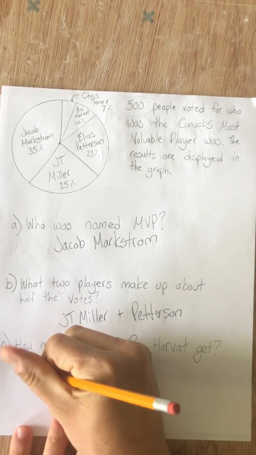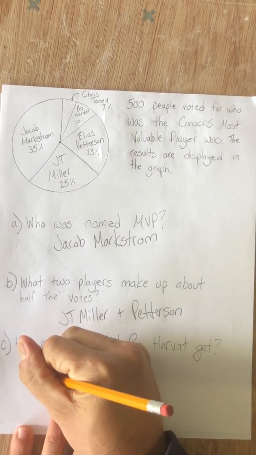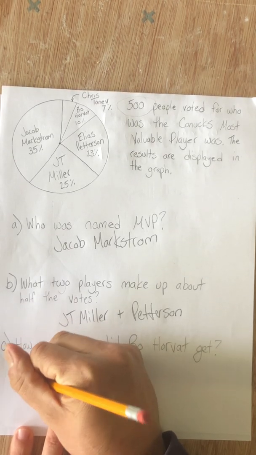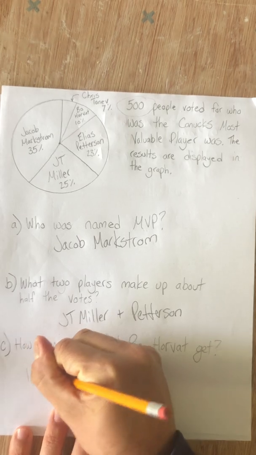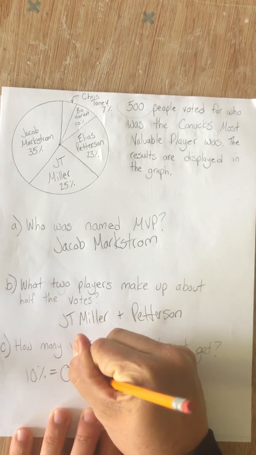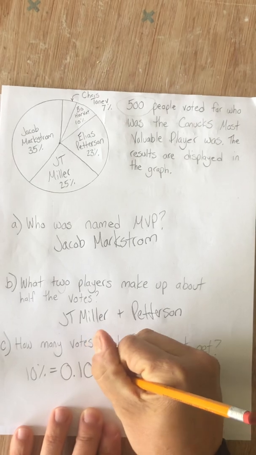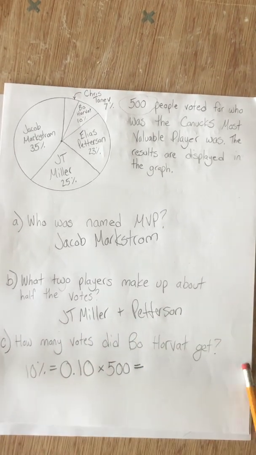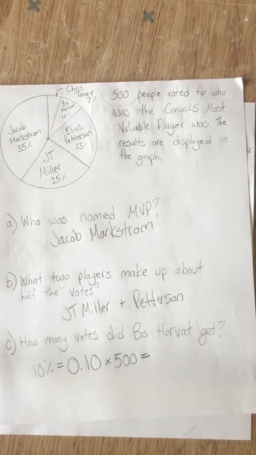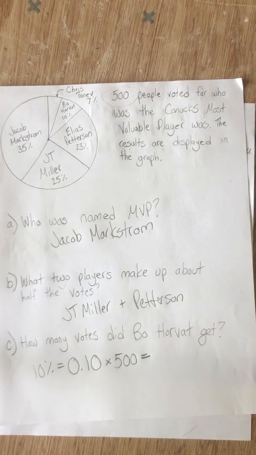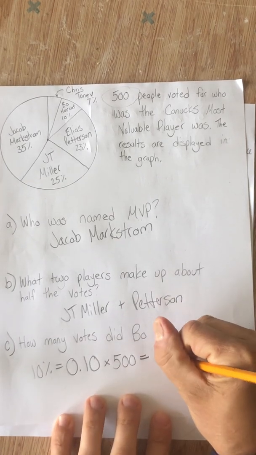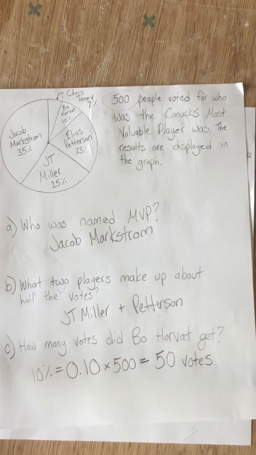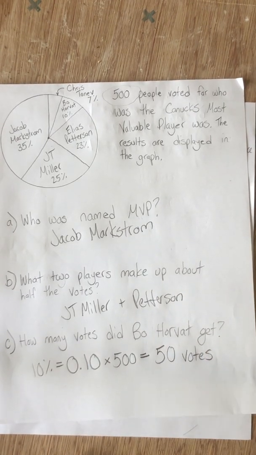To do that, I write 10% as a decimal, which is 0.10, and multiply that by 500. 500 times 0.10 is 50. So Bo Horvat got 50 votes out of the 500 people who voted.